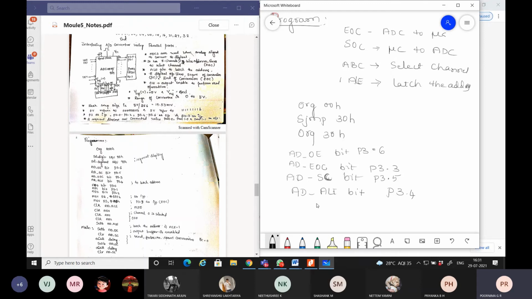Then there are 3 address lines, AD0, AD1, AD2. Those are represented as A, B, C in case of the chip. So these also need to be assigned to bits. So AD0 bit is assigned to P3.0, P3.1, P3.2.